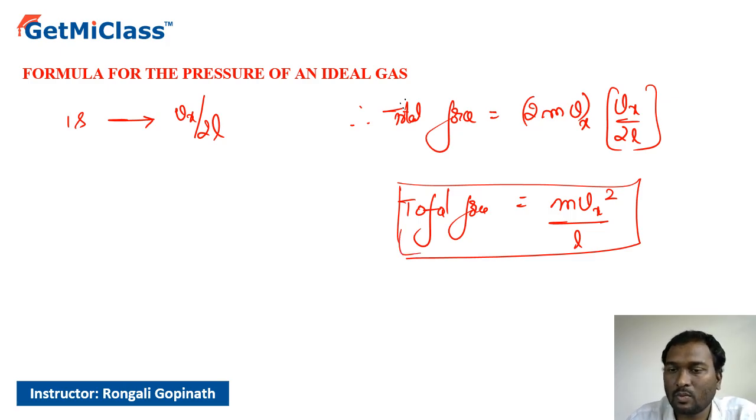But I don't have just one molecule, right? I have n molecules, and let's assume all these n molecules have different velocities in the x direction.